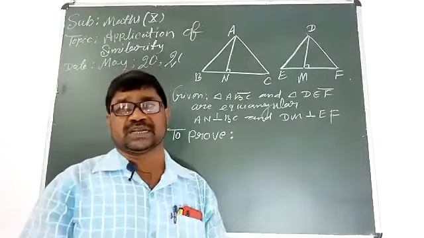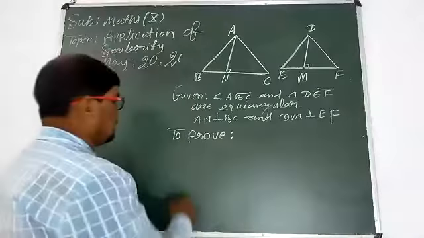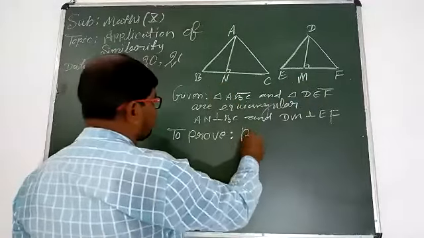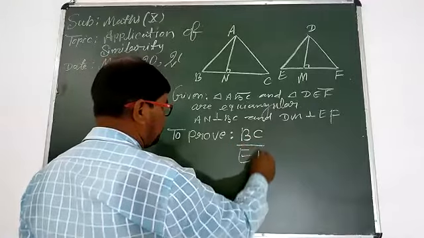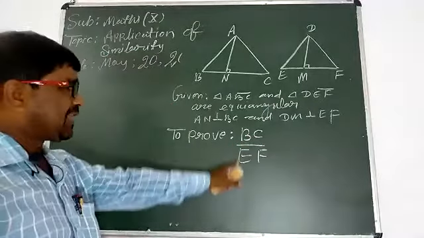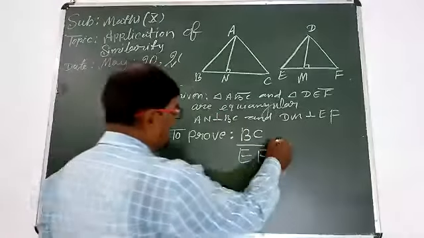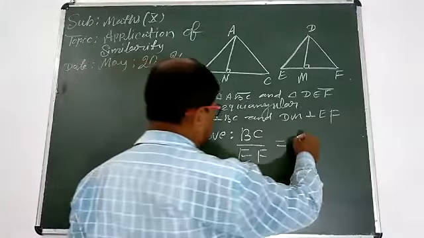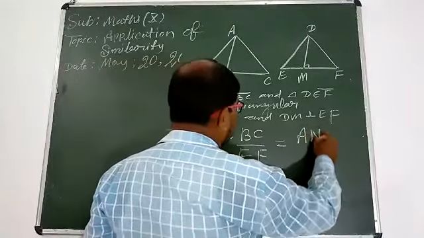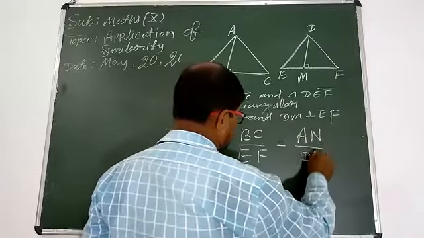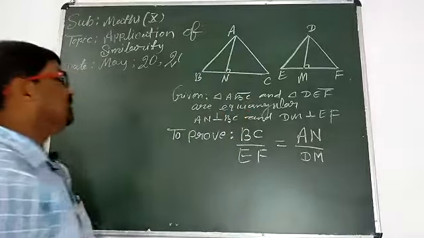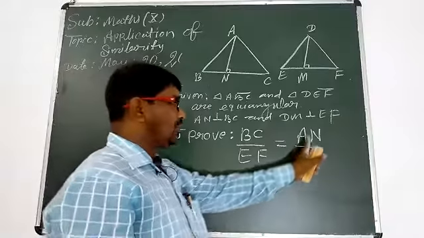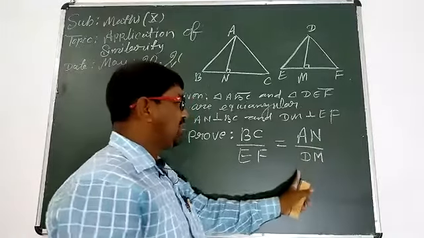The ratio of their corresponding sides equals the ratio of their corresponding altitudes. You want to prove the ratio of their corresponding sides, BC upon EF, equals the ratio of their corresponding altitudes, AN upon DM.